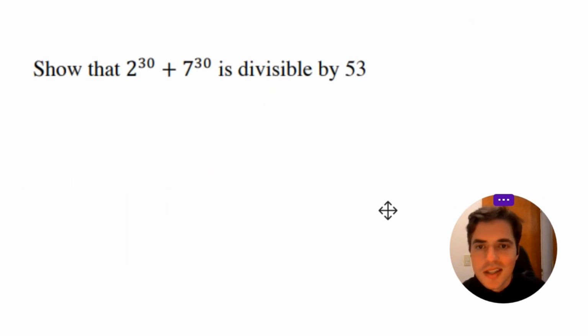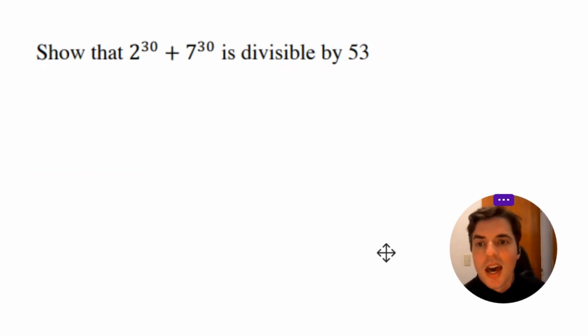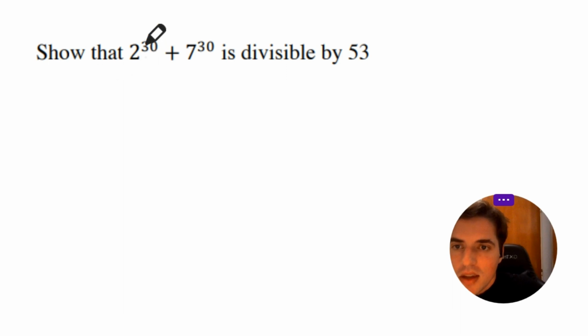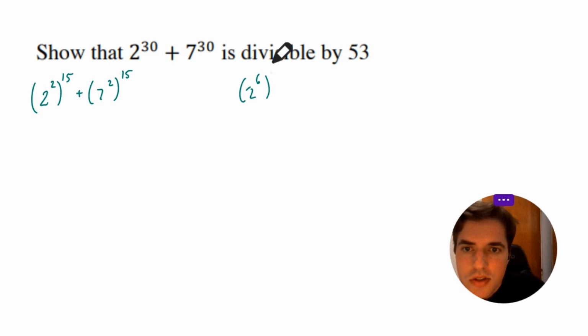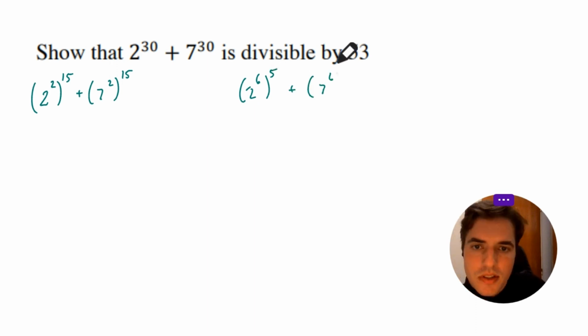We continue, same thing. Now, we could go through again and say the factors of 30 that include an odd number. We have 2 squared to the 15th, or 7 squared to the 15th, or we can also try, what else works? 2 to the 6th to the 5th plus 7 to the 6th to the 5th.